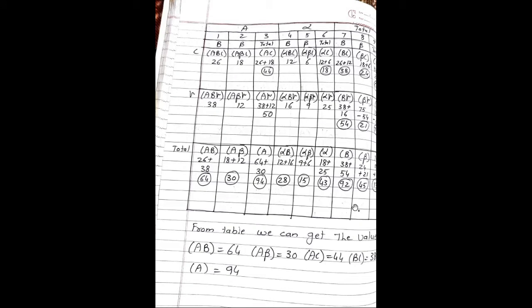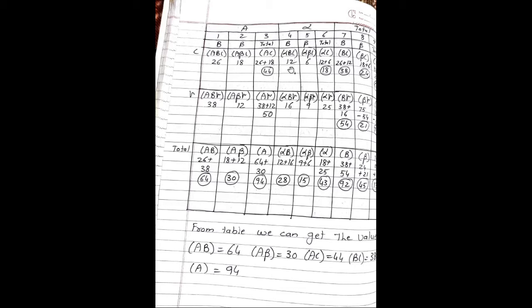So we can substitute all the values in the given table and find the remaining values. The value given is frequency ABC as 26, A beta C is 18. So we can find the value of AC as 26 plus 18, which is 44.